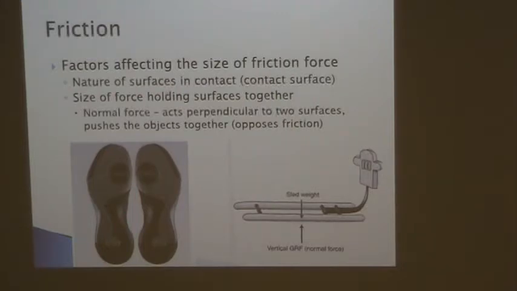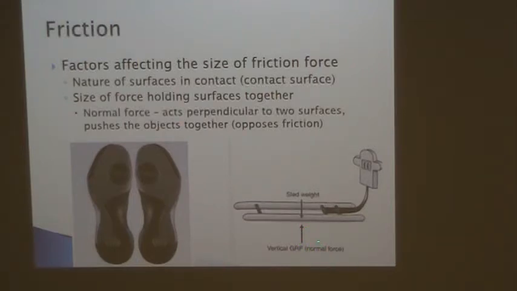Another thing that affects the amount of friction has to do with the size of the force holding the surfaces together. Normal force. Here we have right here, vertical ground reaction force is acting as a normal force here.